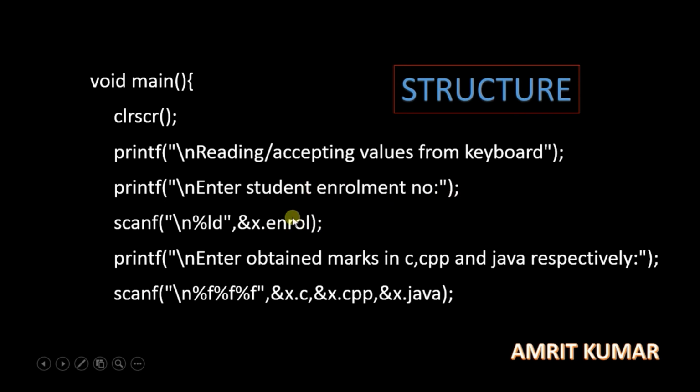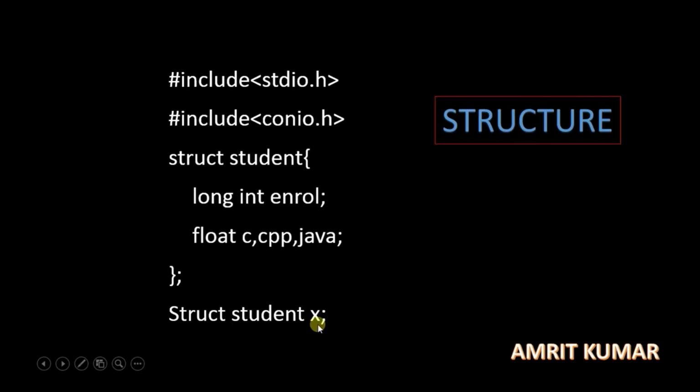Then I am going to take the student enrollment number from the user. The user is going to give us the enrollment number, and I am assigning that value into x dot enroll. Means I am assigning the value into x, which is a variable of type struct student, as we have declared here, so it can access each and everything of this student data type.